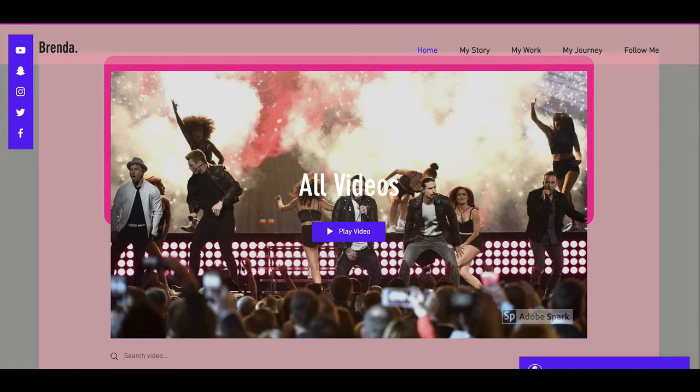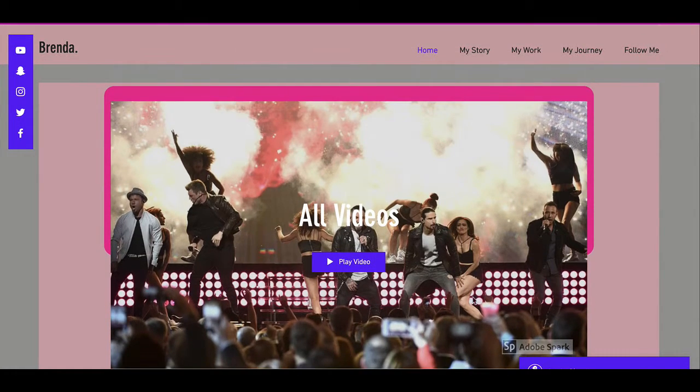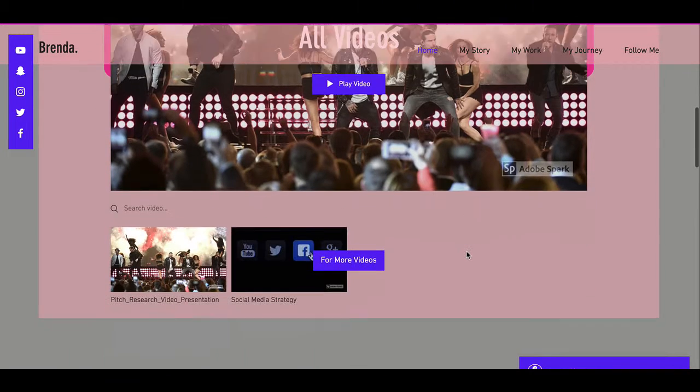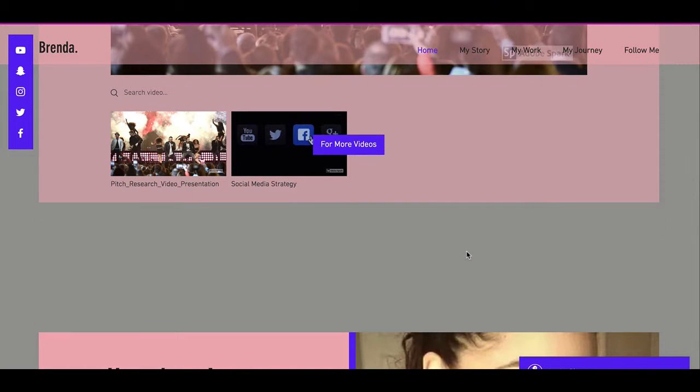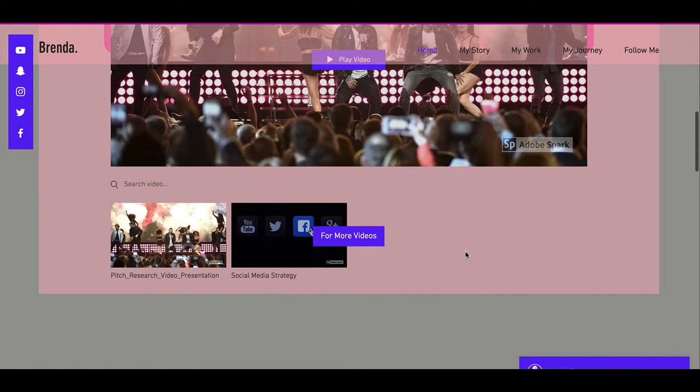Okay, so this is an interesting page. Let's take the underscores out and just put some context here, what it is you did for that. Social media strategy.